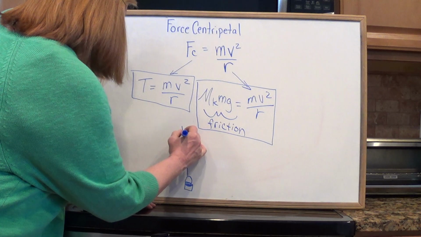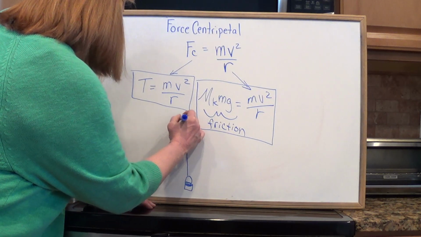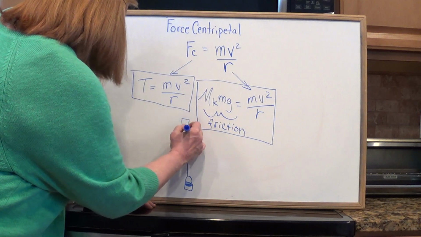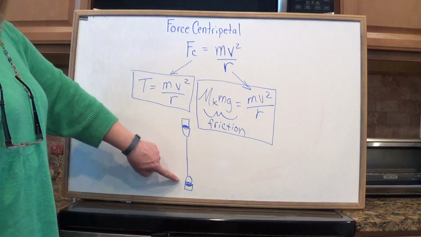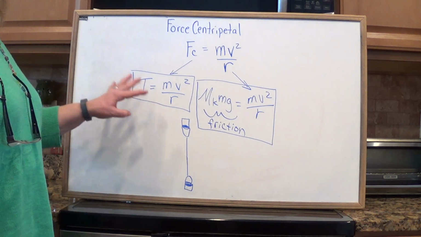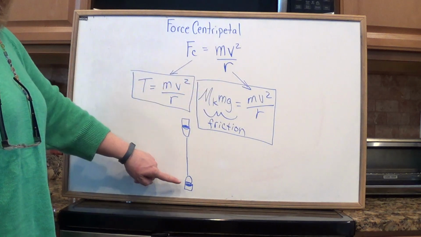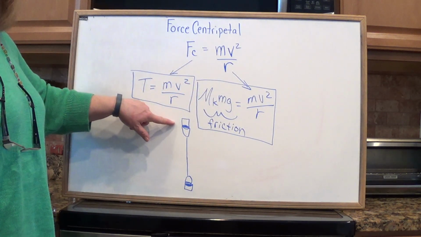I think on the green handout, the picture they give you, it's in the upwards position like this, and it's full of milk there. So when I'm swinging this milk pail like that, it's neither tension nor friction that's keeping the milk in that pail when it's in this upward position.